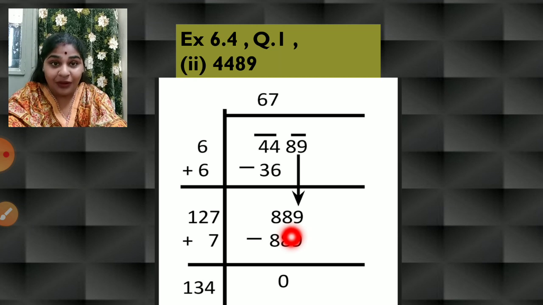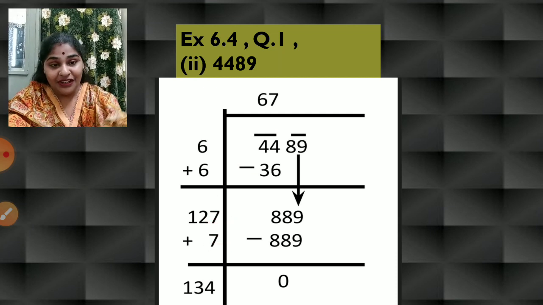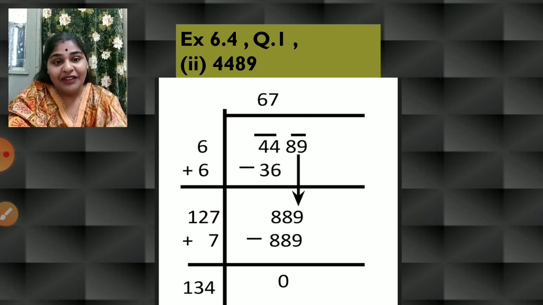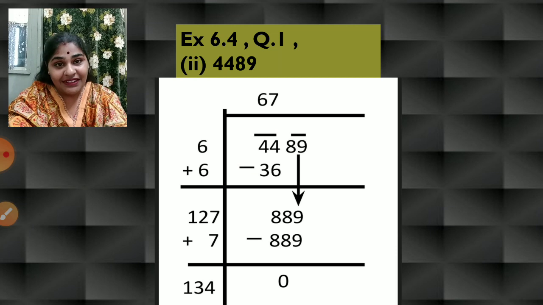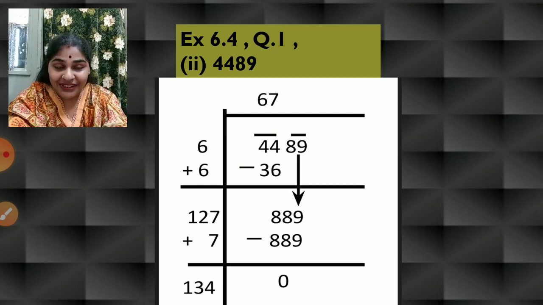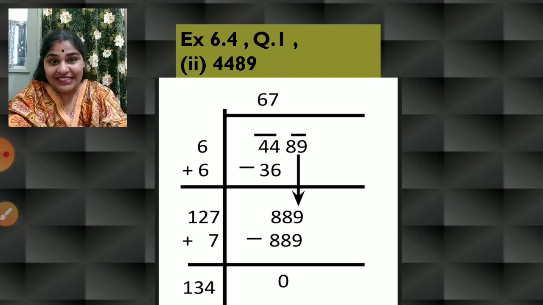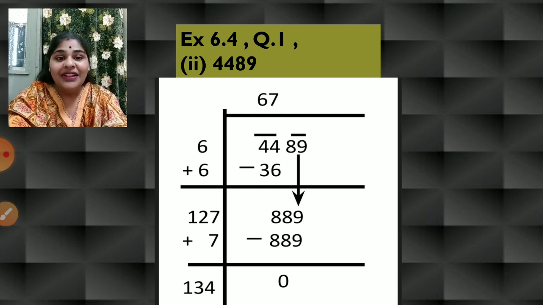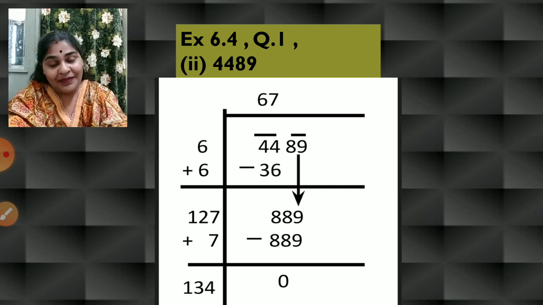The remainder will be 0, but you will not stop here. Whatever number you have taken, you will add in this, that is 127 plus 7 is equal to 134. And you will notice that twice of 67 is equal to 134.